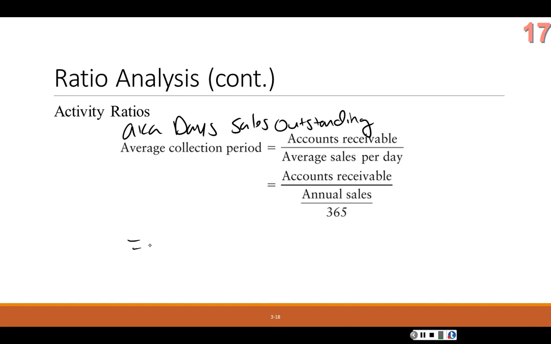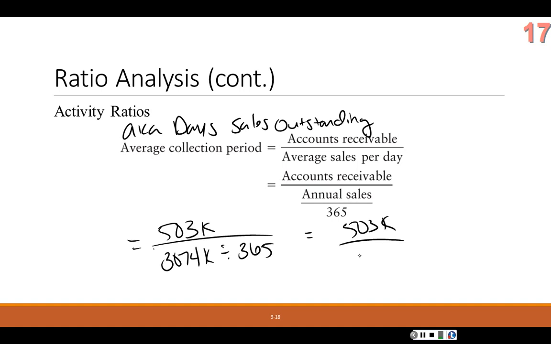We see that accounts receivable is 503, found on the balance sheet. And we divide that by annual sales found on the income statement, 3,074, over 365. If you work this out, you'll have 503,000 over 8,422, and that's equal to 59.7 days.